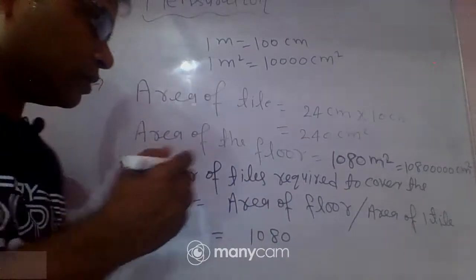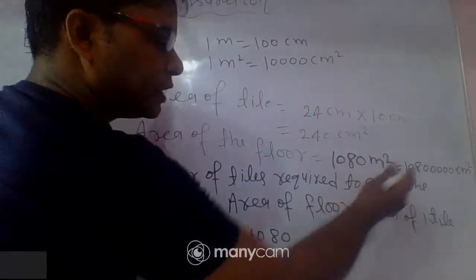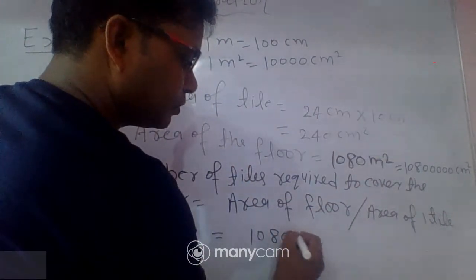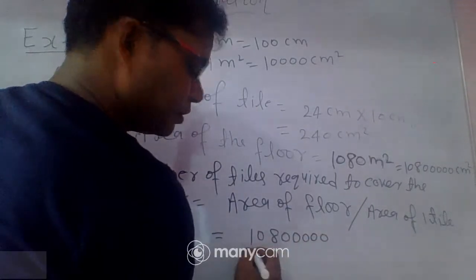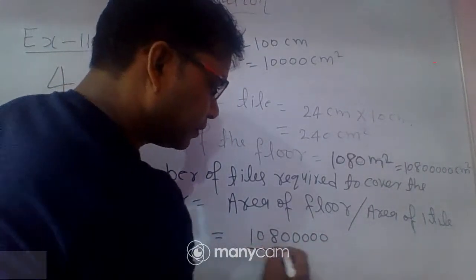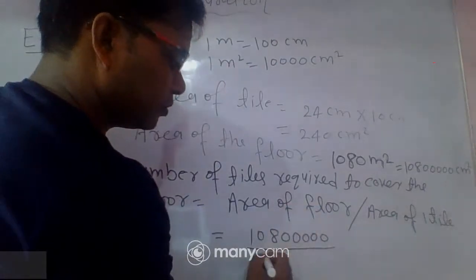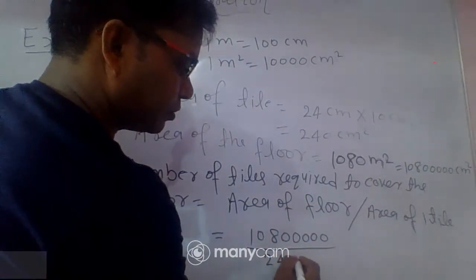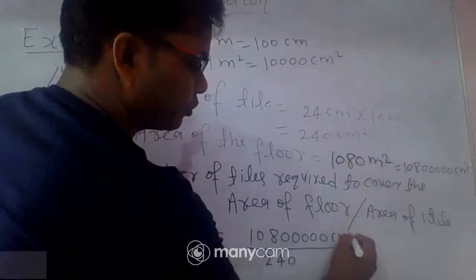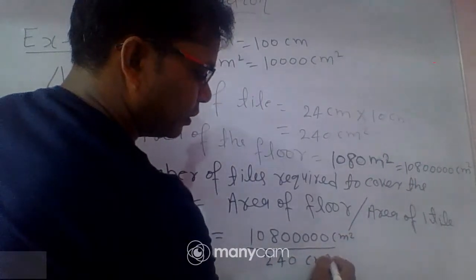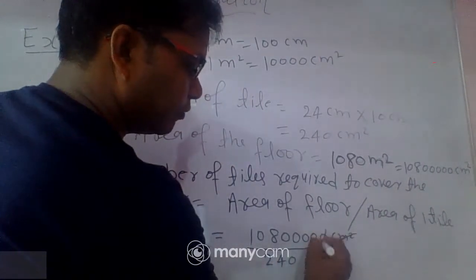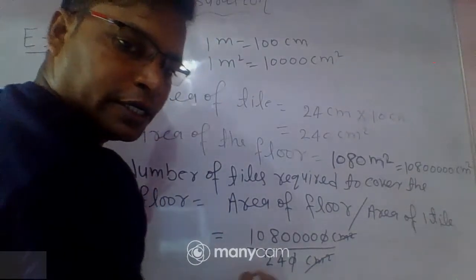Clear? So the area of the floor is in centimeter square and we divide by the area of one tile, which is in centimeter square.